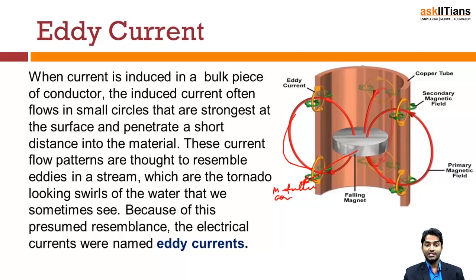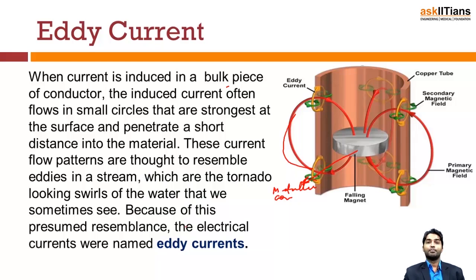So we need to understand that when current is induced in a bulk piece of conductor, the induced current often flows in small circles that are strongest at the surface and penetrate a short distance into the material. This current flow pattern is thought to resemble eddies in a stream, the tornado-like swirls of water that we sometimes see.